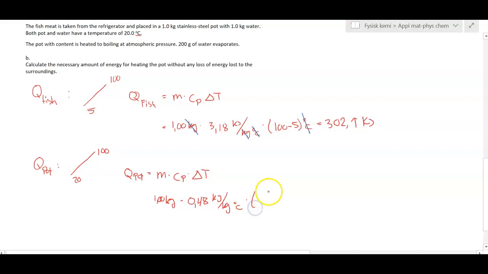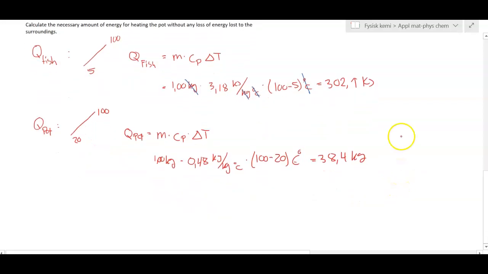Then delta T, we end with 100 degrees, the pot was 20. Sorry for the sloppiness, degrees centigrade, equals 38.4 kilojoules. So that was the pot.